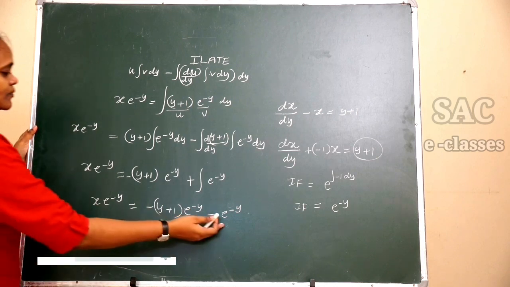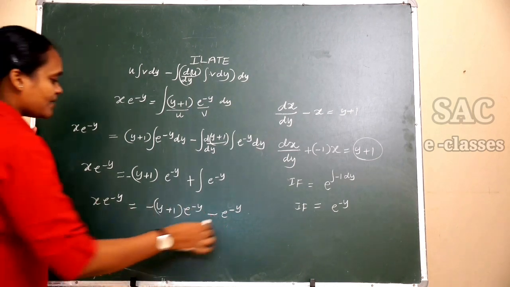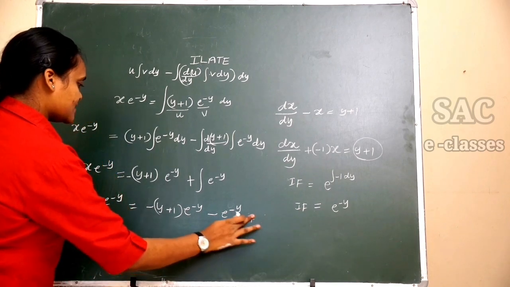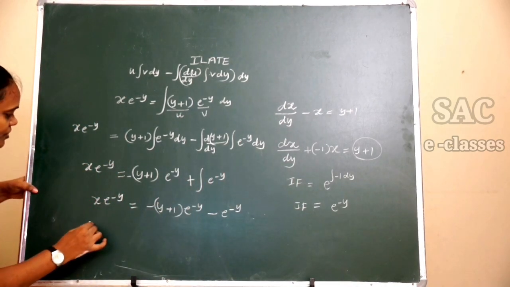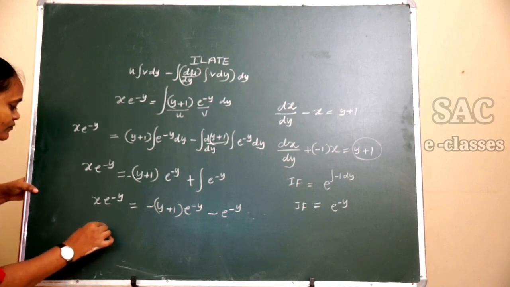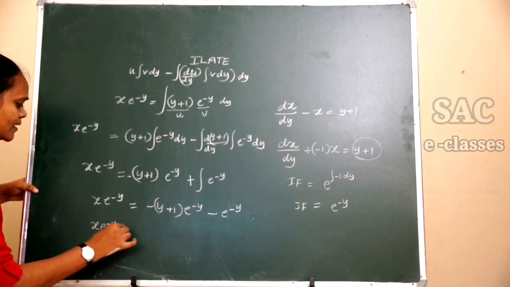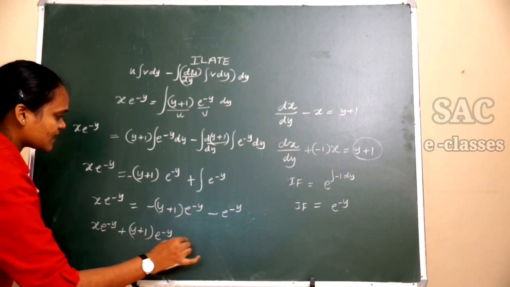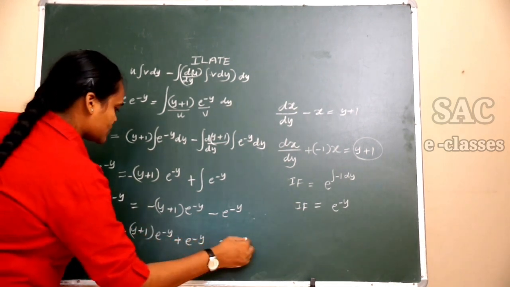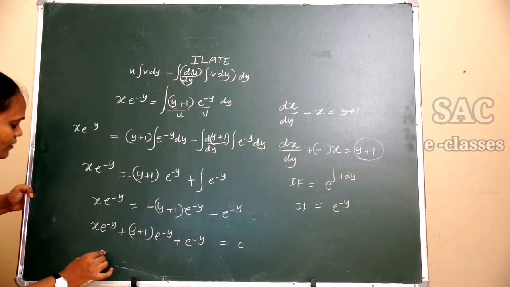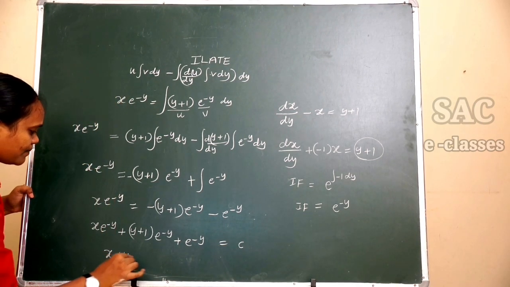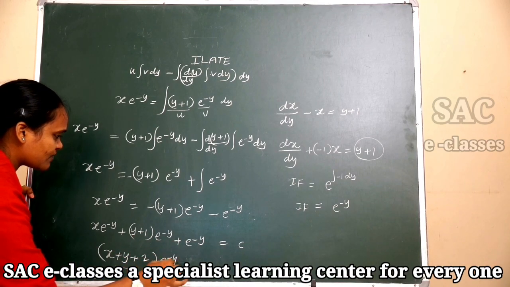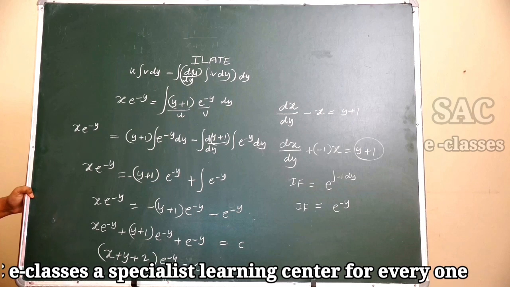So better to transpose these all to this side. Let's simplify; later we will write the constant. x into e to the power minus y plus (y + 1) into e to the power minus y plus e to the power minus y is equal to the constant. Now you can write it as (x + y + 1 + 1), which is 2, into e to the power minus y is equal to c.